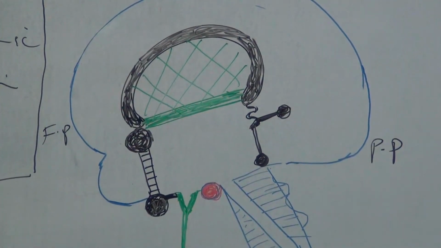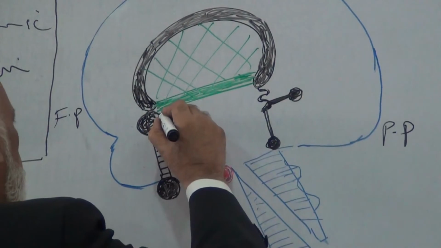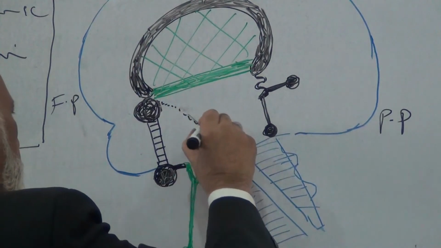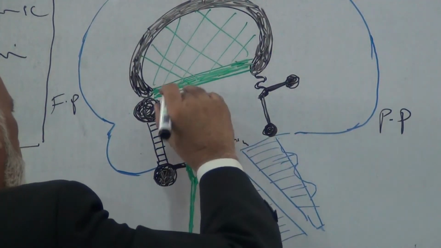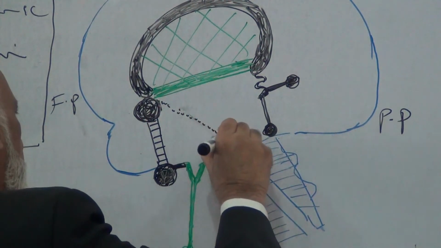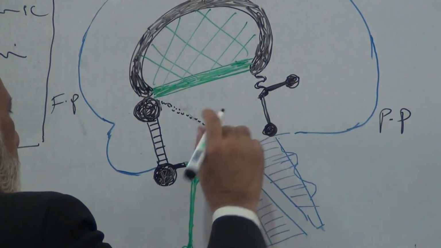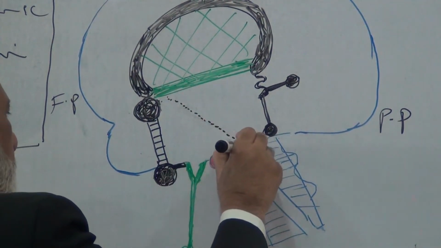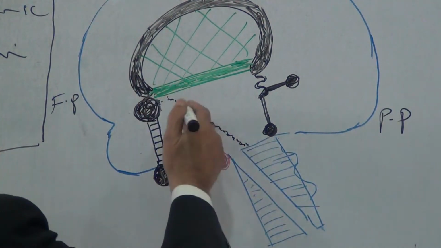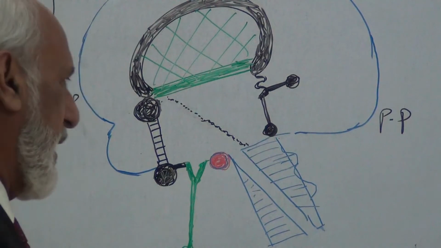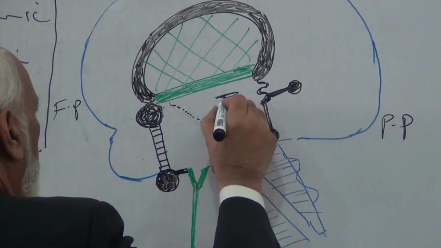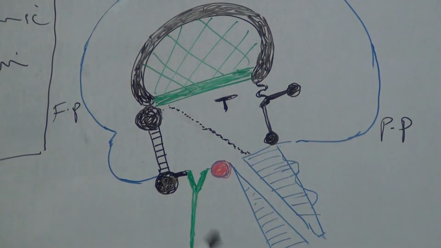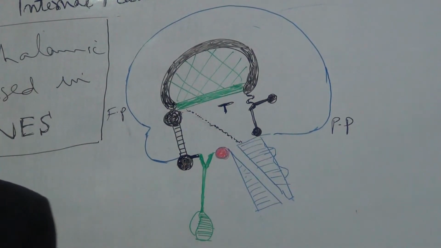This is lateral wall of the third ventricle. Here is hypothalamic sulcus. Above and behind is the thalamus. And below and in front of the hypothalamic sulcus is the hypothalamus.